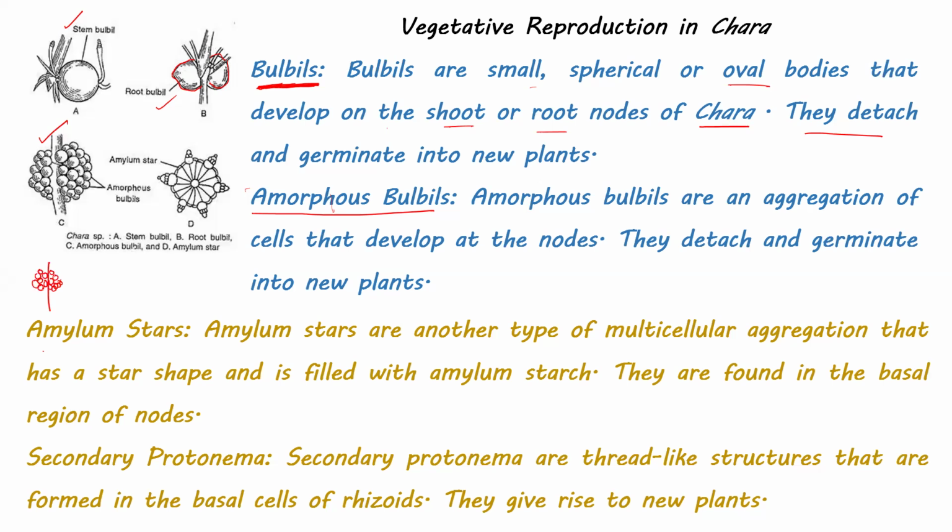Aggregation means a collection, a group of cells. This is known as amorphous bulbil. When these get detached from the mother plant, they germinate into a new plant. So in both these cases, there is no union of gametes. Therefore, it is vegetative in nature.